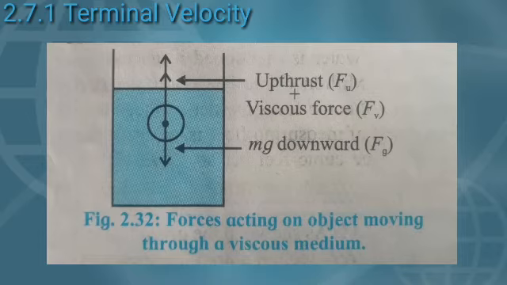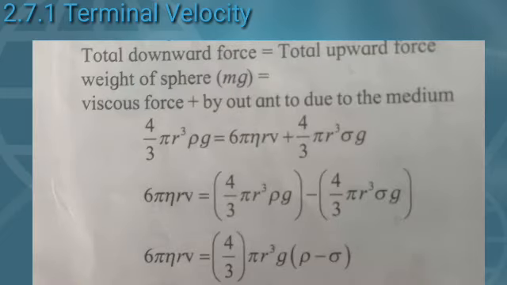When the sphere attains the terminal velocity, the total downward force acting on the sphere is balanced by the total upward force acting on the sphere, that is, total downward force is equal to total upward force. Total downward force is the weight of the sphere mg, and total upward force is the combination of viscous force and buoyant force due to the medium.